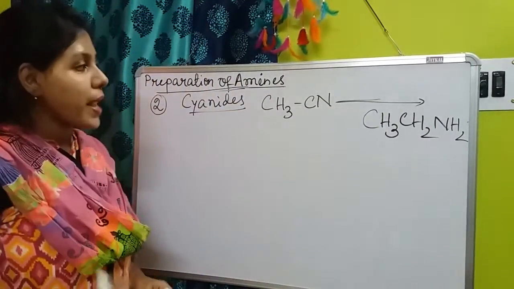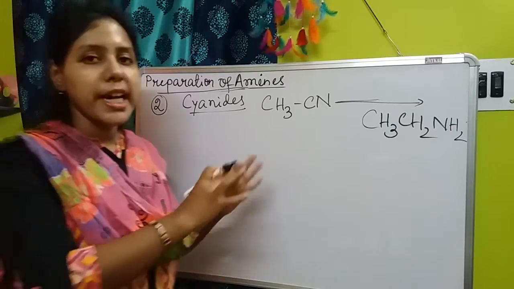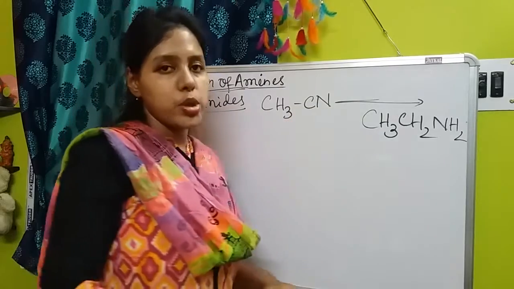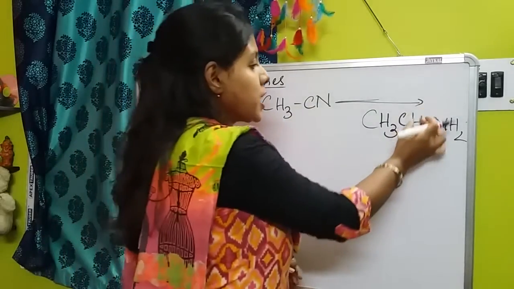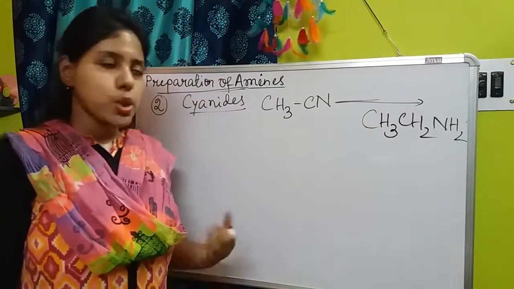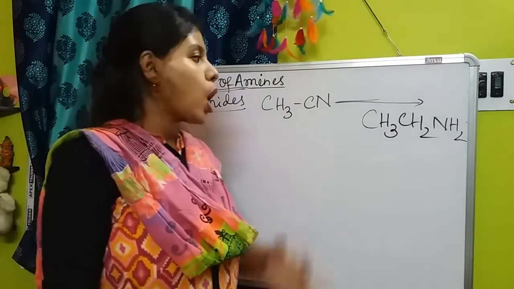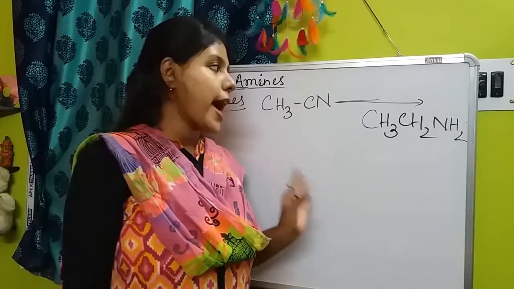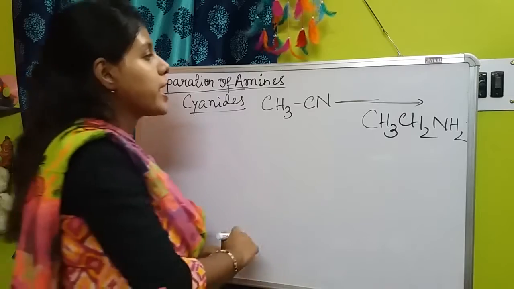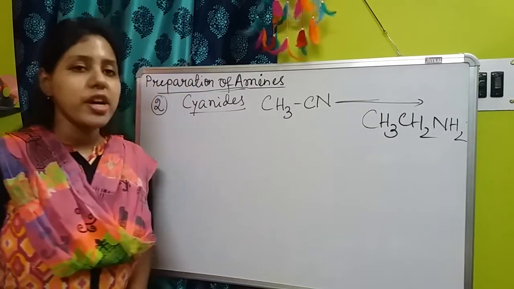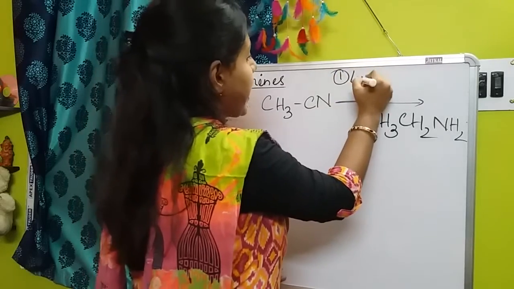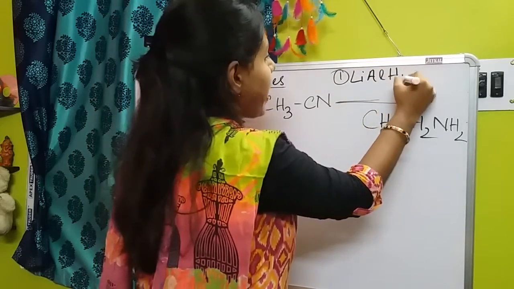Again just observe carefully that initially it was a carbon and a nitrogen triple bond, but after reduction we could see the addition of hydrogen. The addition of hydrogen always reminds us about the reduction reaction. So here again we have to use reducing agents like lithium aluminium hydride.